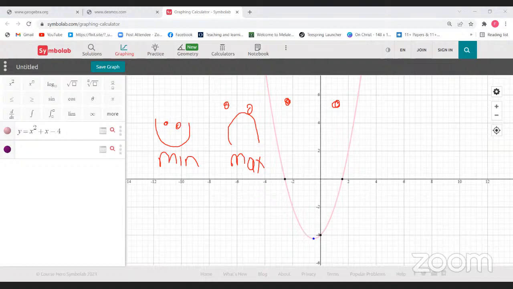What's the general form of a quadratic function?